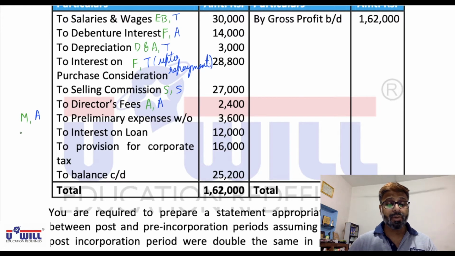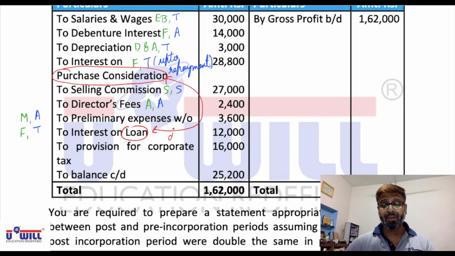Interest on loan is again finance cost, and time basis. Now this time basis will not be till the date of repayment because this is not the purchase consideration. This is loan, and this is purchase consideration. Be careful, purchase consideration is different from loan. This is a normal loan borrowed by the old business maybe, and the interest is paid for the full year April to March.